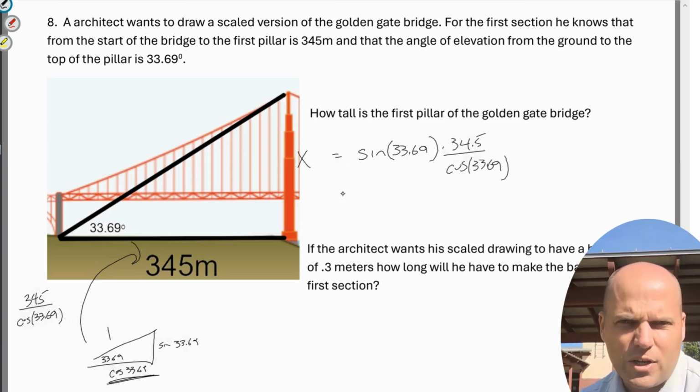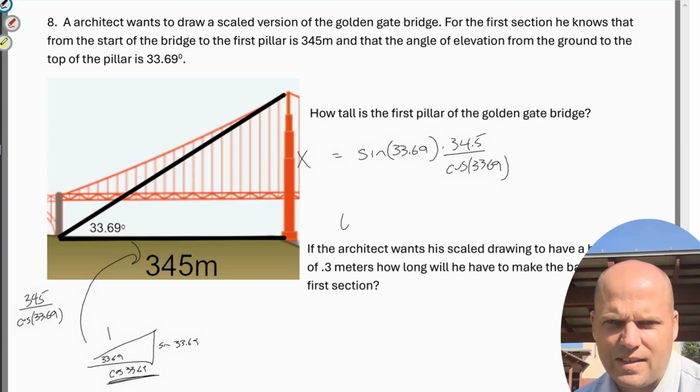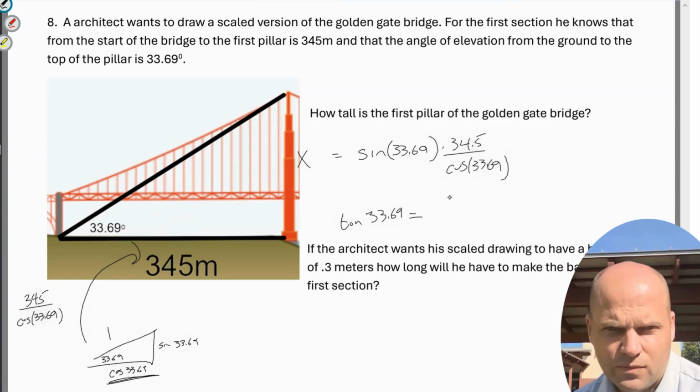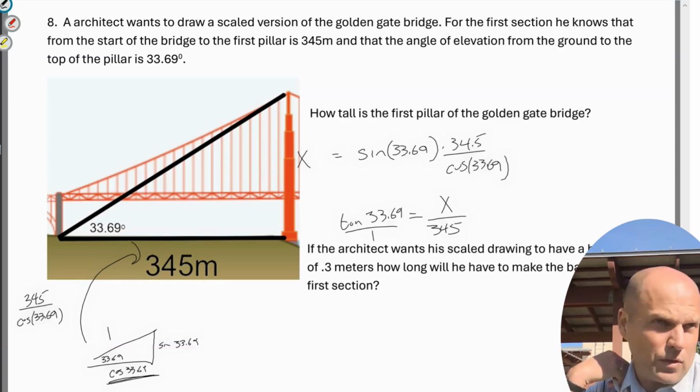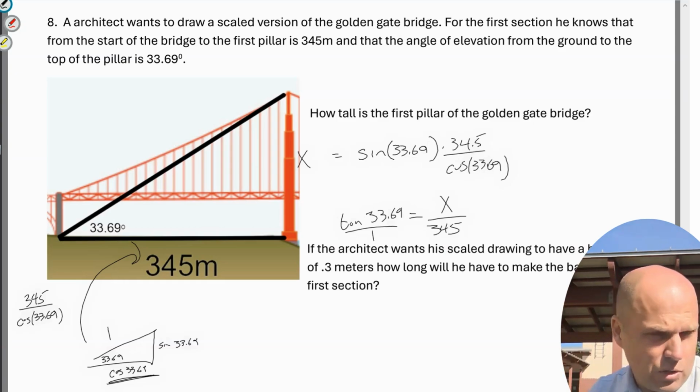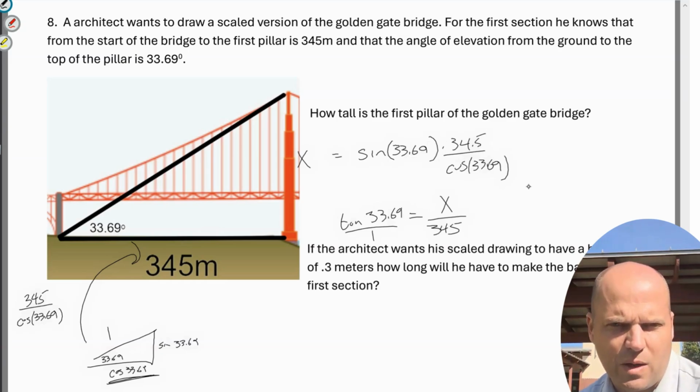Or we could use tangent. We could say that the tangent of 33.69 in any triangle would be equivalent to the tangent in this triangle, which is the opposite over the adjacent. And you would multiply by 345, and you don't have to divide by anything because you divide by 1.